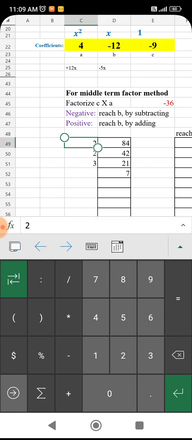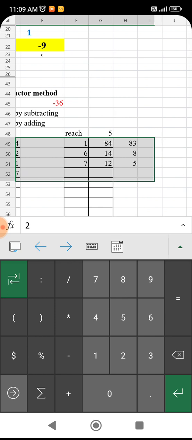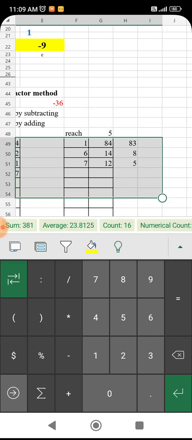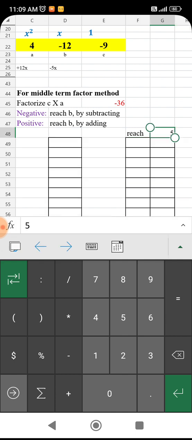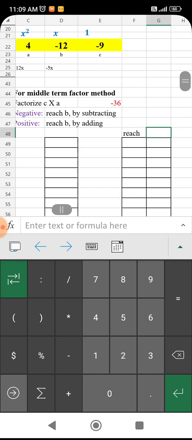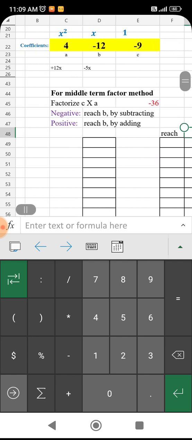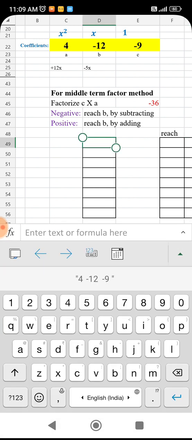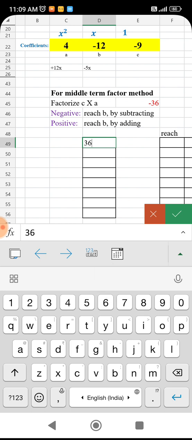So once again I am clearing everything. So 4 into 9, that means minus 36. So we have to factorize 36.